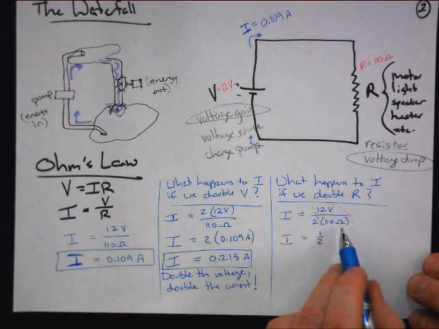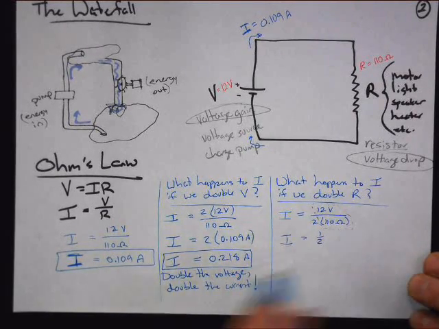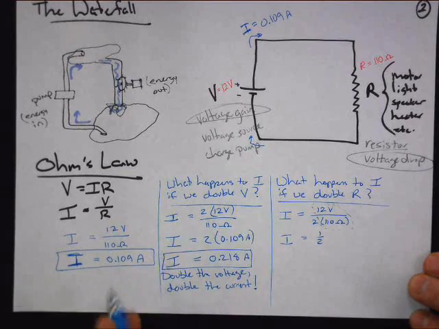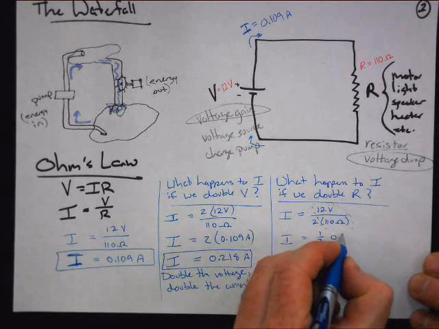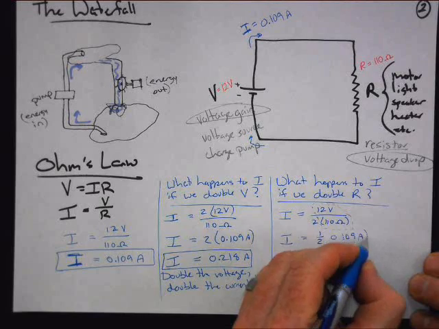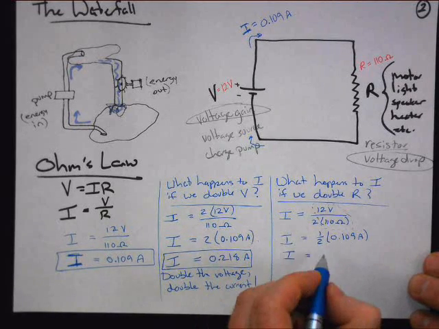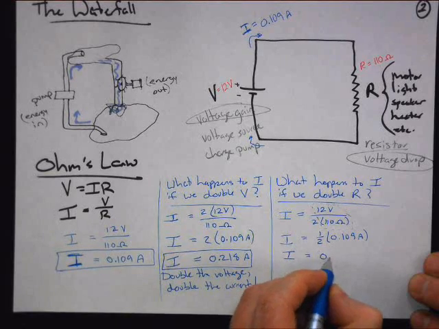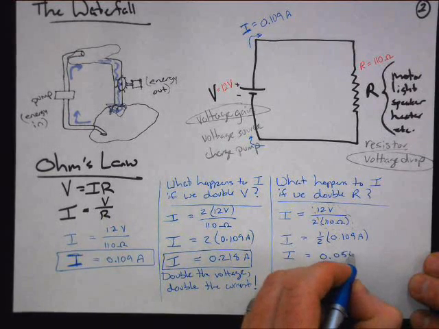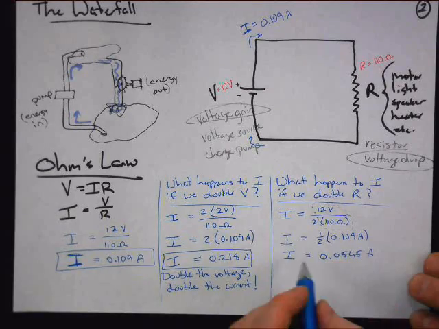So the 12 divided by 110 is my 0.109 amps, and so I need half of that. So my current is going to be pretty small here, 0.0545 amps.